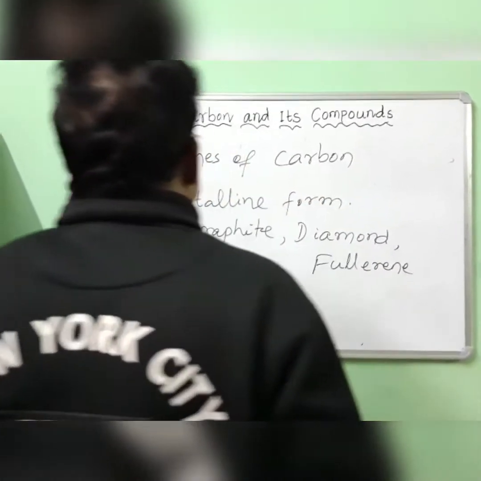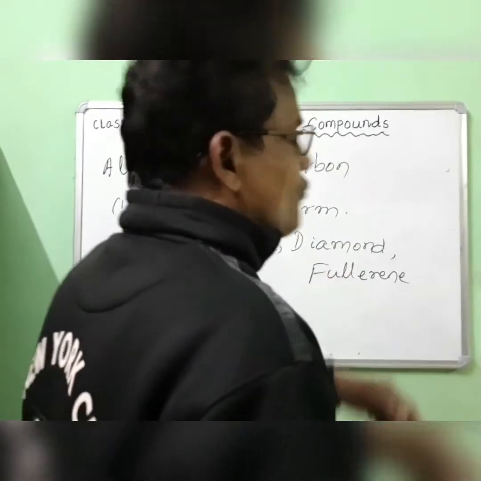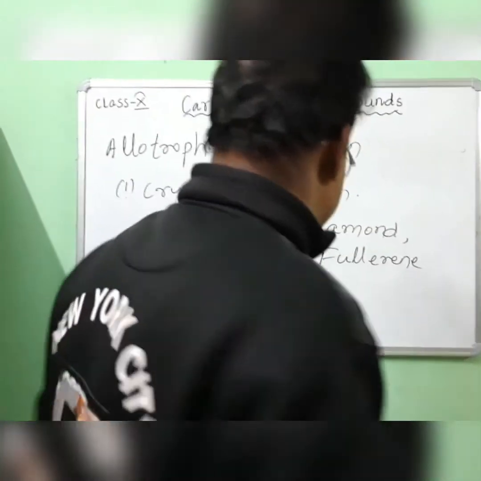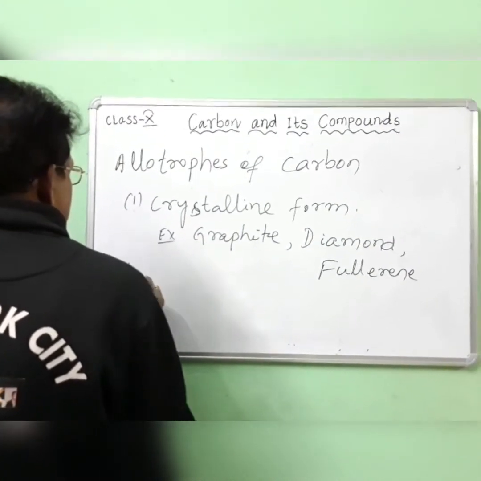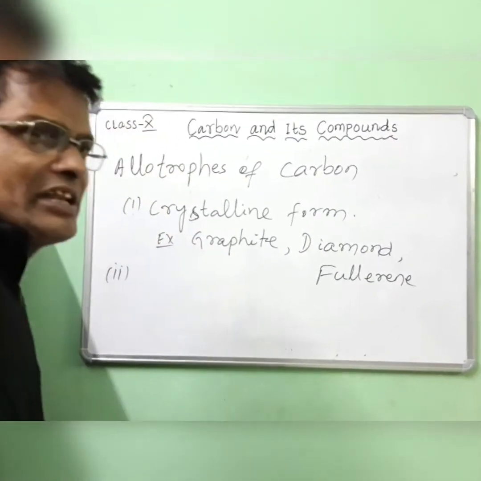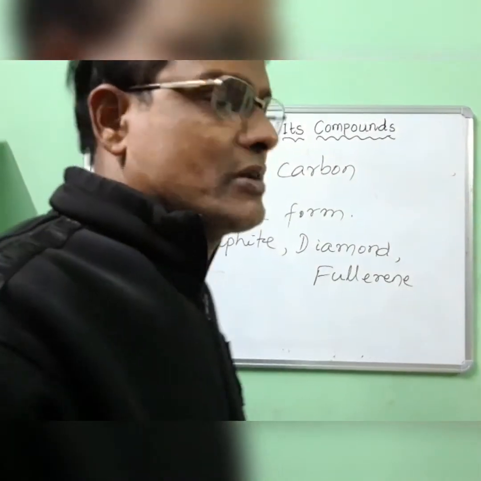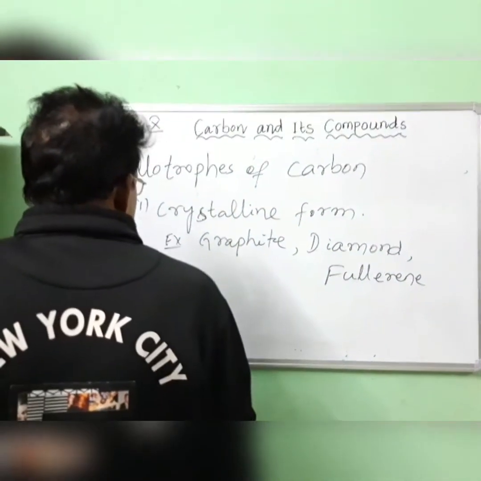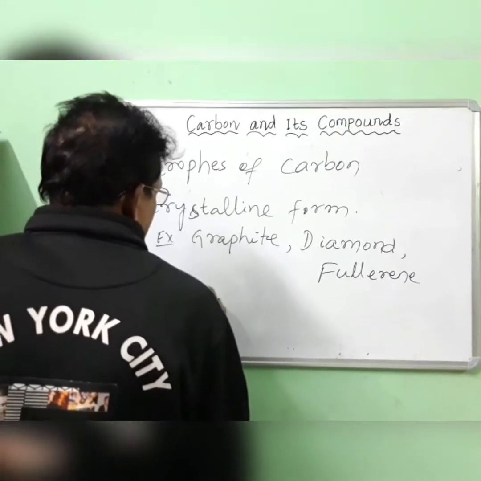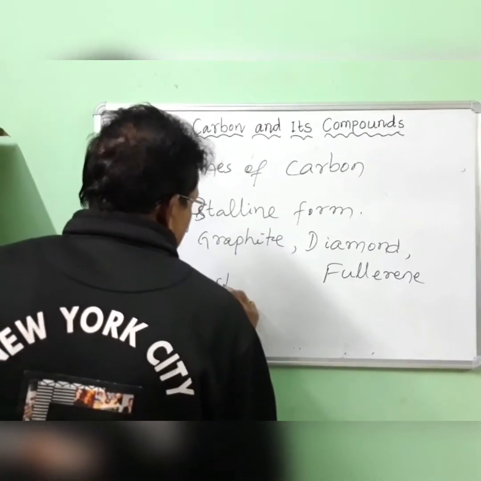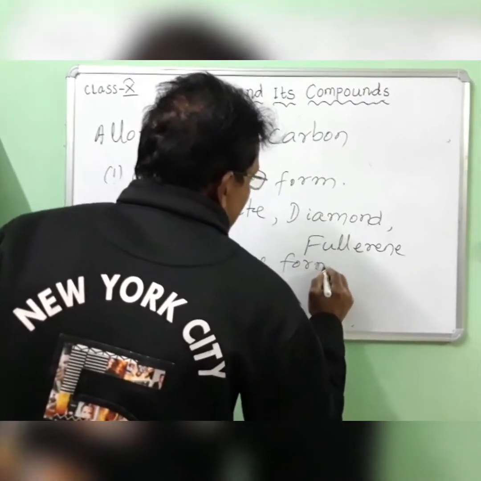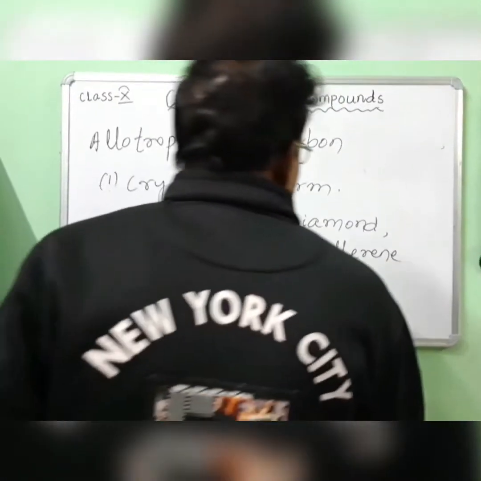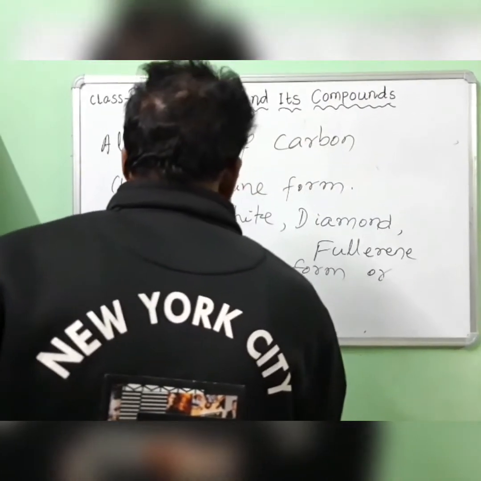Okay, graphite, diamond, fullerene. Clear? Next one is the non-crystalline form, which is also called the amorphous form.